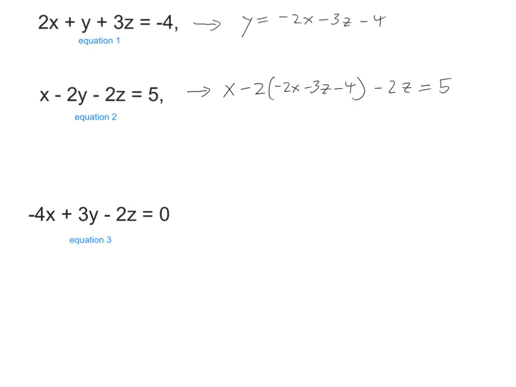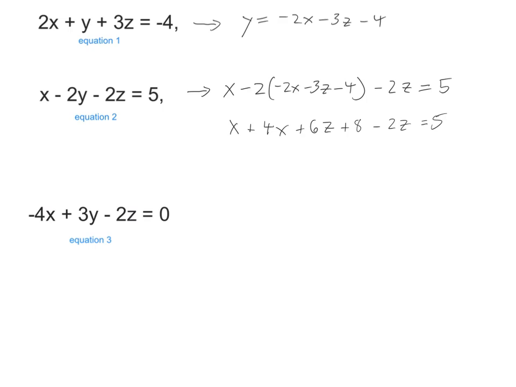Now let's just simplify this a little bit. So let me expand this out. I can write this equation as x plus 4x plus 6z plus 8 minus 2z equals 5. And now let me combine a few things here.